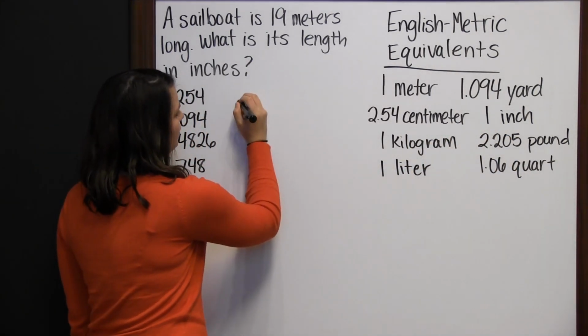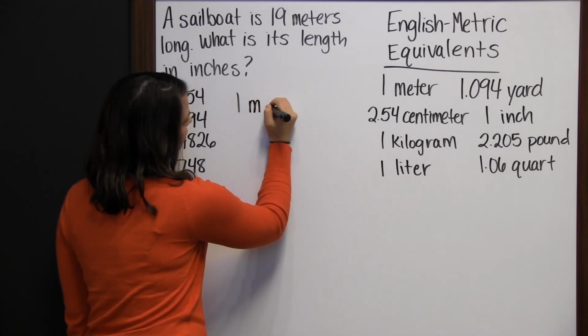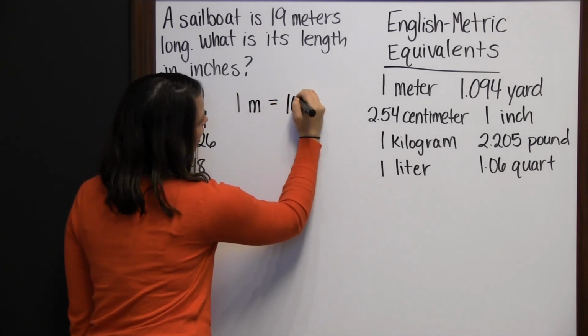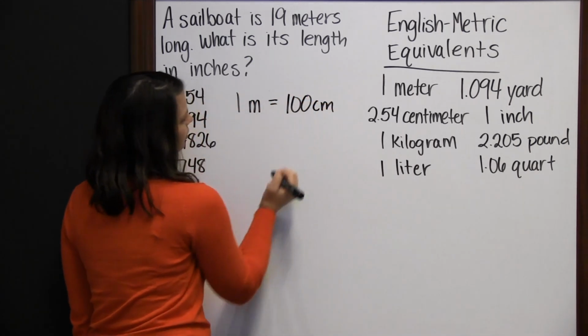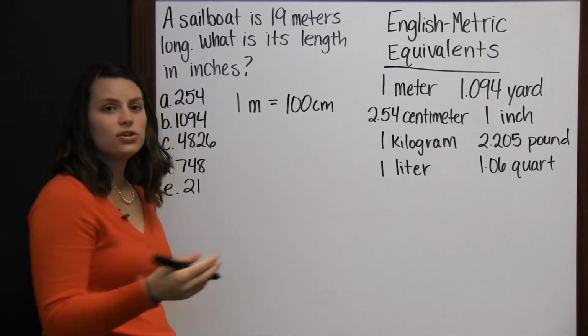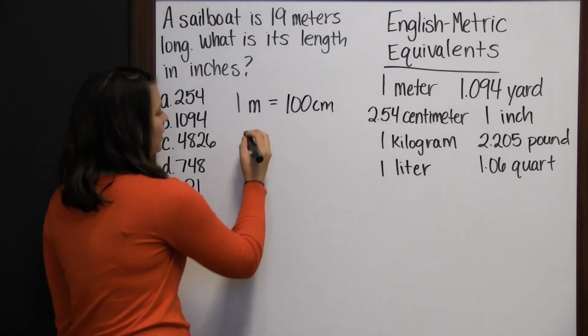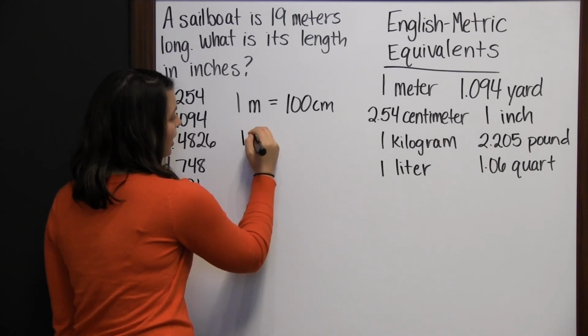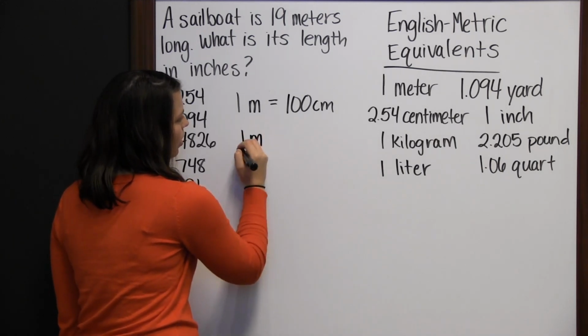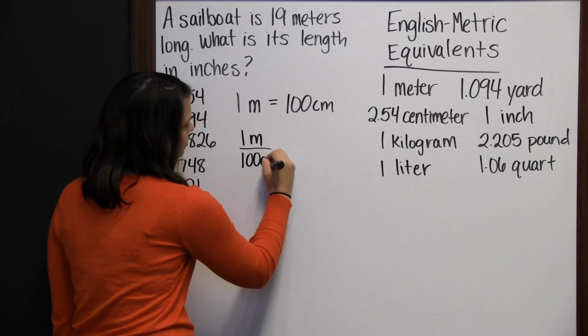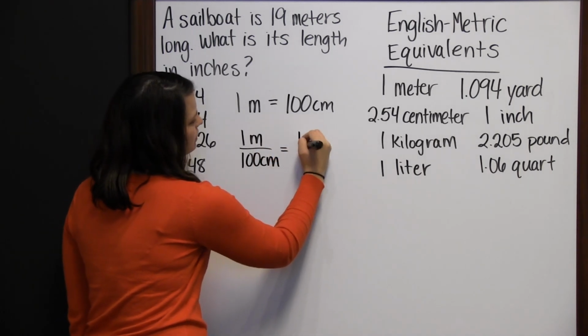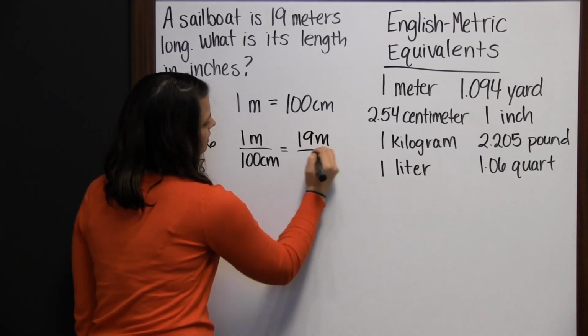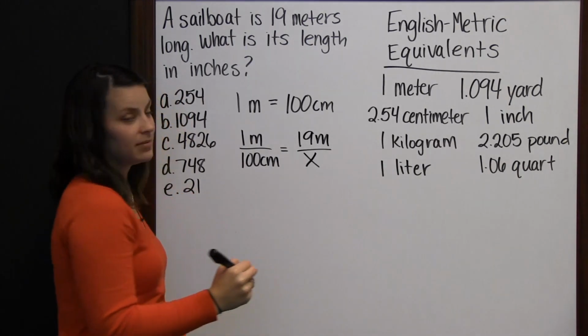So I know that 1 meter is equal to 100 centimeters. And we can use a proportion to solve. We can take this conversion factor and use it as a ratio. So 1 meter is 100 centimeters, which equals 19 meters is how many centimeters?